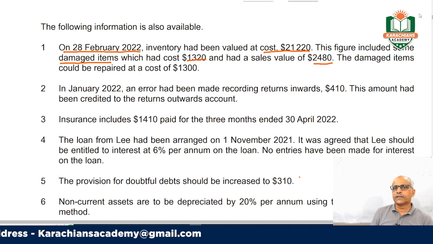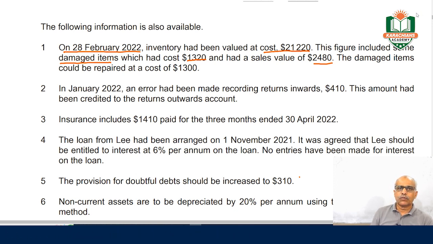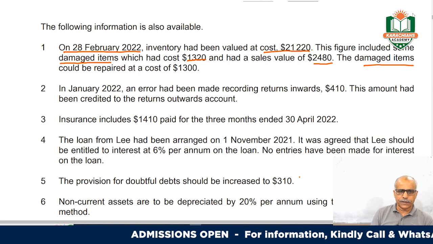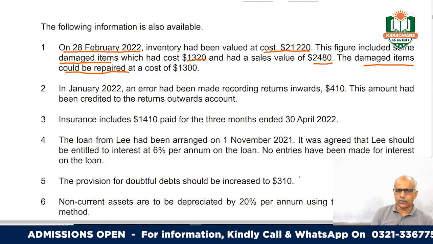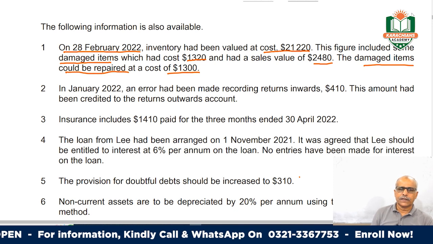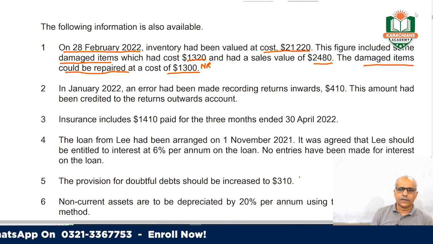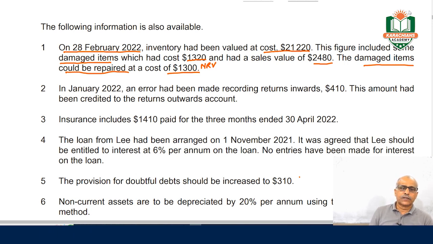They are saying that if you sell this damaged stock, it can be sold for 2,480, but you have to do some rework on it. So the damaged items could be repaired at a cost of 1,300. Here comes the NRV concept. Please recall what you studied in the inventory chapter, right?